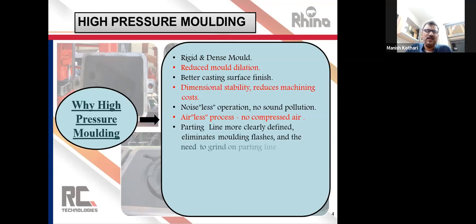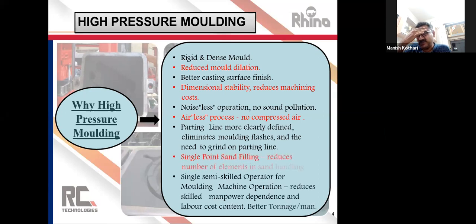With high pressure, you can have a much better pattern design. I remember one of the advantages Renzo Capelletto used to explain to me is if you have high pressure molding and a very good pattern and tooling knowledge, you can reduce 50% of your packing cost by working on the parting line design, and this is possible in high pressure, which could not be possible in a Jolt-squeeze molding machine, because there's a lot of movement of the mold, and to strip the mold, there's a plasticity in the mold which does not allow a very good parting line.